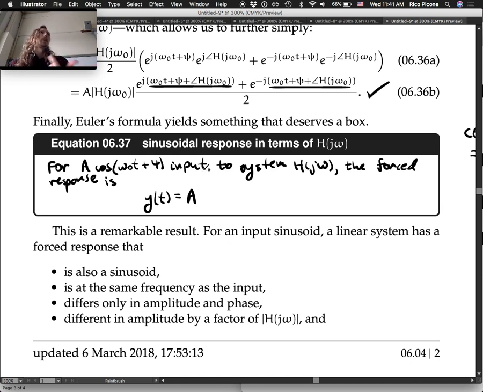Makes sense, if you increase the input amplitude, you're going to increase the output amplitude. H of j omega.